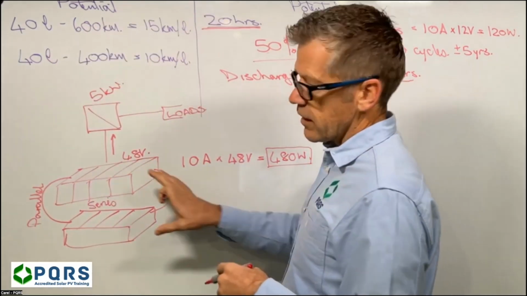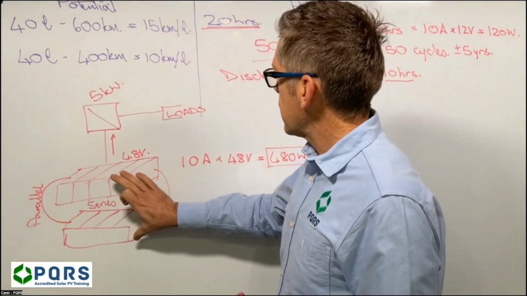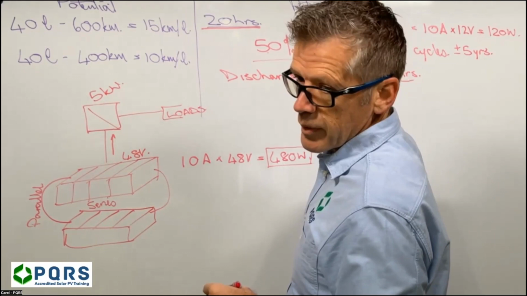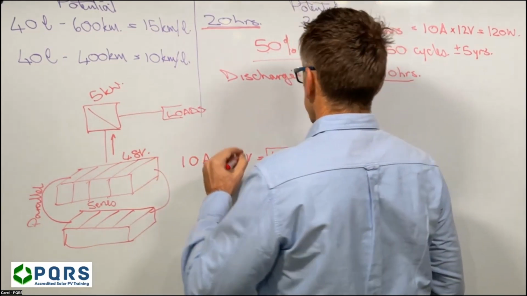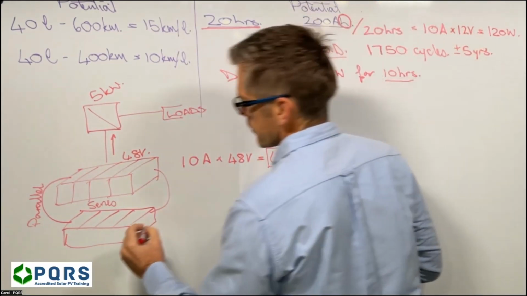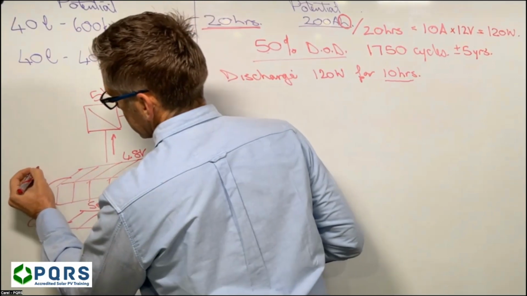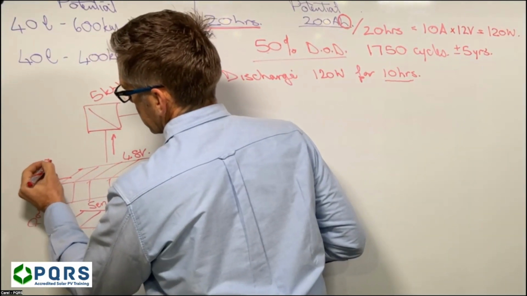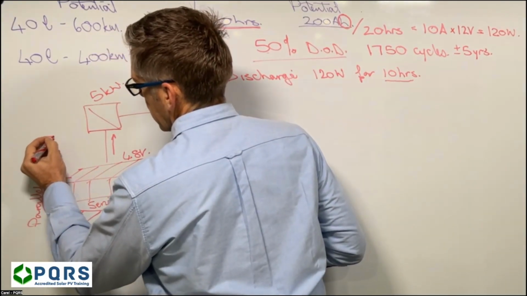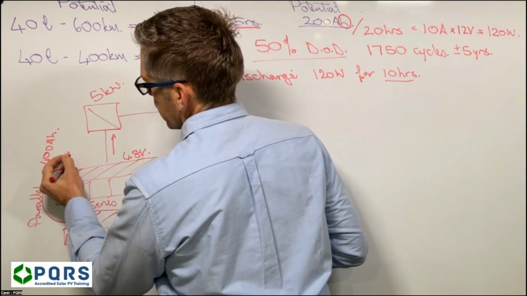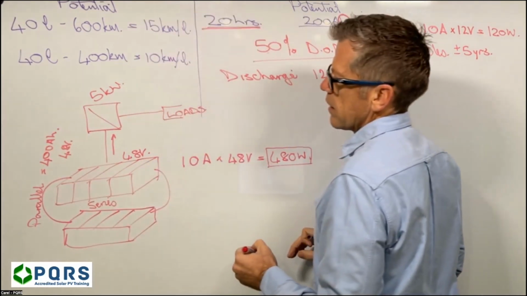So what do we have now? Instead of a 200 amp hour battery bank, we now have a 400 amp hour, 48 volts.